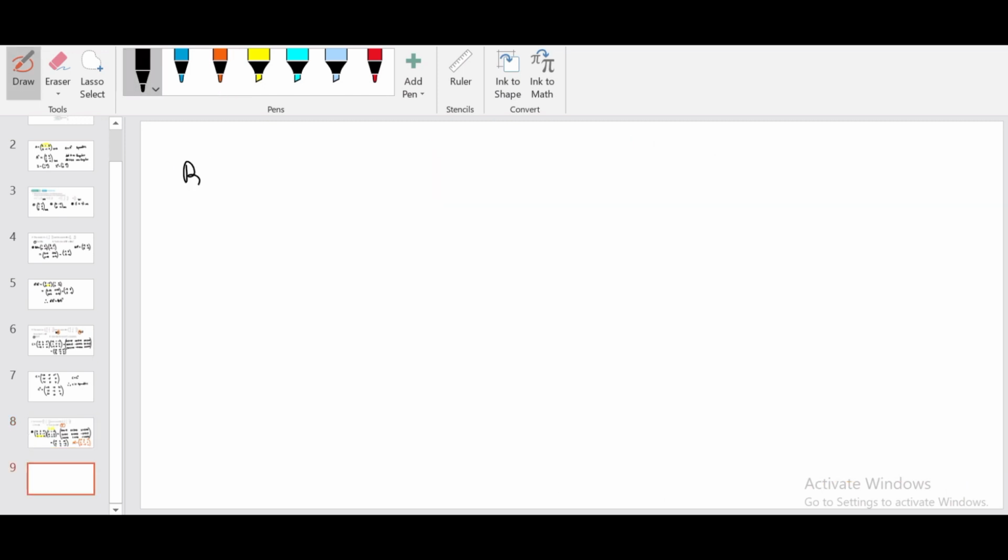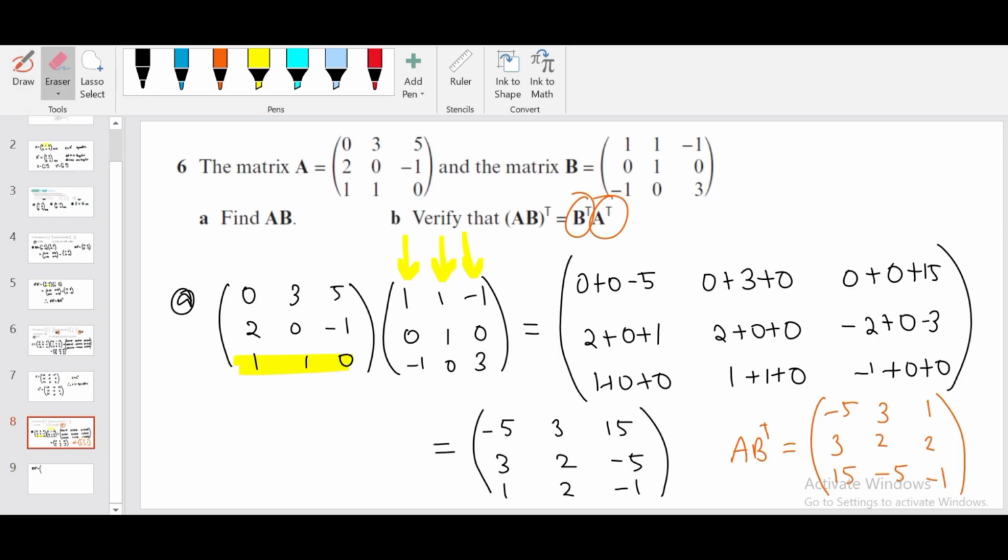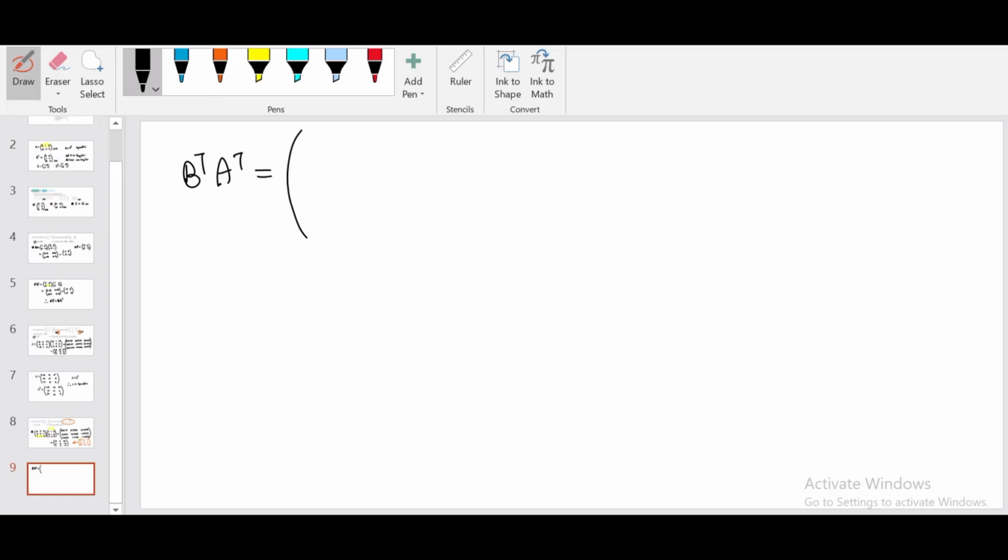So transpose of B times transpose of A is equal to, from matrix B, you need to find the transpose, write the rows as columns. So you will get 1 1 minus 1, 0 1 0, minus 1 0 3.